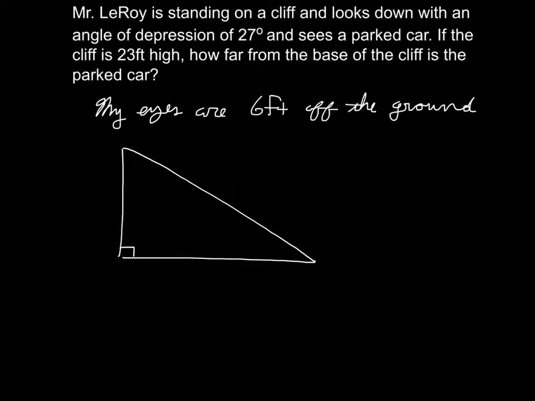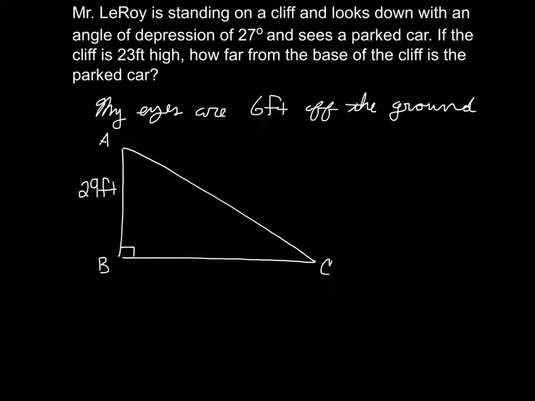I'm going to label this A, B, C. This for base of the cliff, this for the parked car, and this because A generally goes with B and C. What about this right triangle? What measurements do we know? Here, we know that this height here is 29 feet because the cliff is 23 feet high and then my eyes are going to be 6 feet above that.